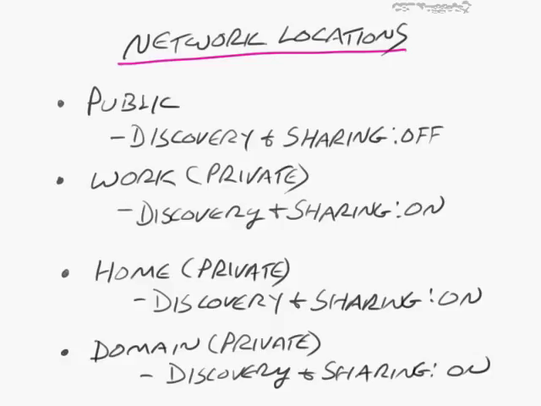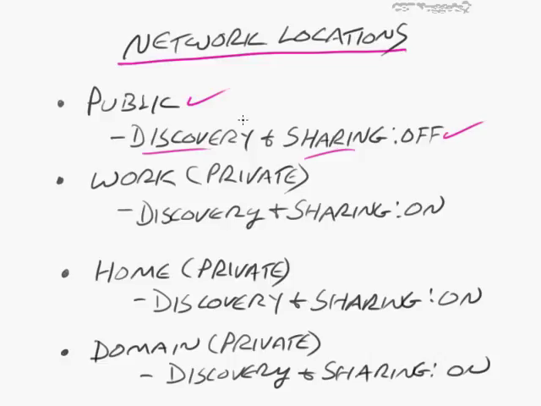Now, why does Microsoft want you to make these decisions? The reason is that based upon which one you select, it's going to change your security level. If I'm in a public place and I make that decision, then I'm going to have discovery and sharing turned off. Discovery is where I can find out on the network other resources, so that I could double-click my way through network neighborhood, and I could potentially map out network devices that are out there, shared devices and shared printers and so forth.